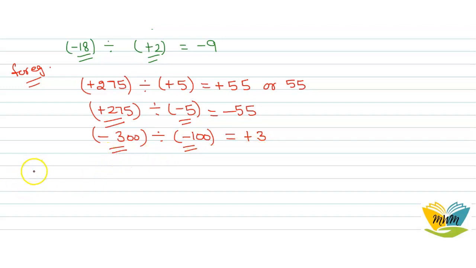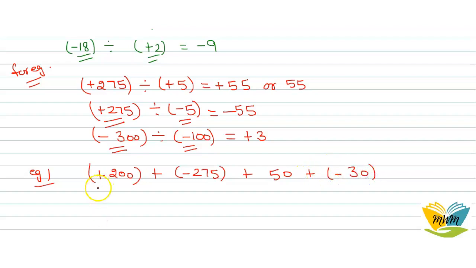Now I am giving some more examples to explain all the operations. In example 1, I will take more than 2 numbers. Suppose plus 200 plus minus 275 plus 50 plus minus 30.